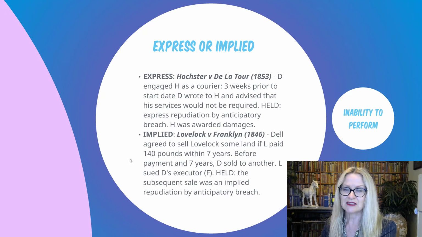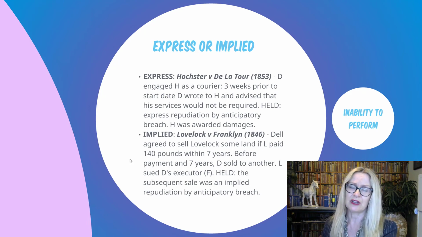It was held in that case that the subsequent sale was an implied repudiation by anticipatory breach. So instead of being a lot of little things that went wrong, like in Progressive Mailing House, here we had one big thing, selling the land to somebody else. So that is the nature of repudiation that can be expressed or implied.